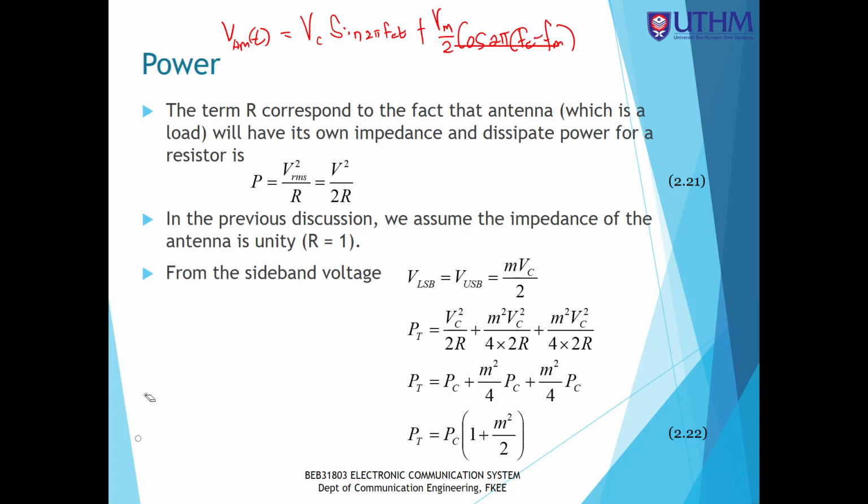This is for the lower sideband. And then minus Vm over 2 cos 2 pi (Fc plus Fm) t. This is for the upper sideband. So we have three components: the carrier component, the lower sideband, and the upper sideband component.